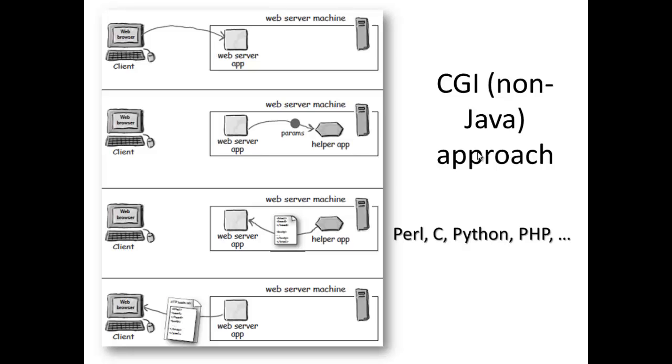This is what will bother us for the next 2 months almost. Notice that this is the container. This is Tomcat that I will ask you to install, and we will detail that. This environment, as described here, is for the non-Java approach. These are the scripting languages that are prominent in the web world.